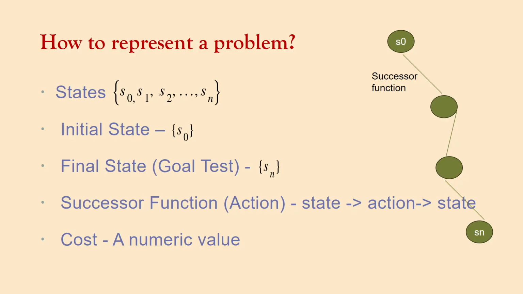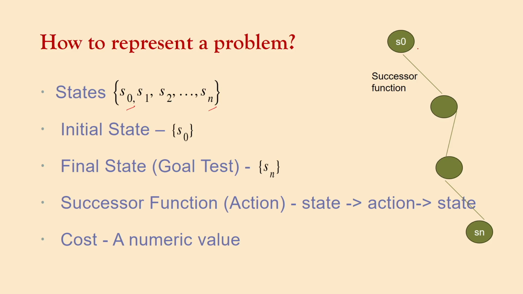So, basically we started off with how to represent a problem through search. In AI, this is the fundamental part. For a given problem, it can be represented in 5 terms. The first one is the states, which consist of S0 to Sn.